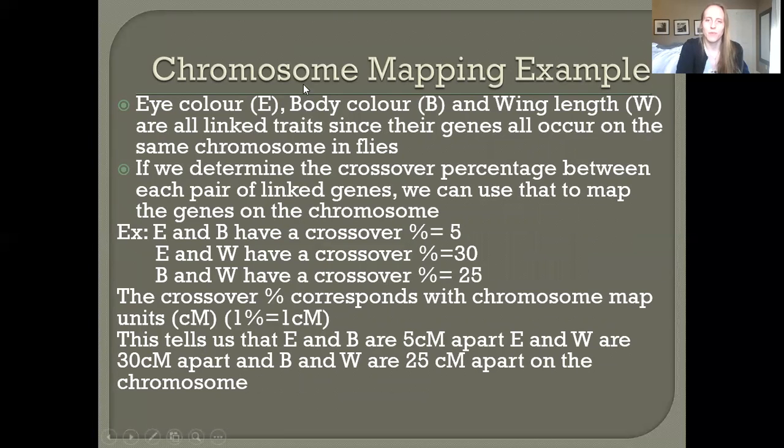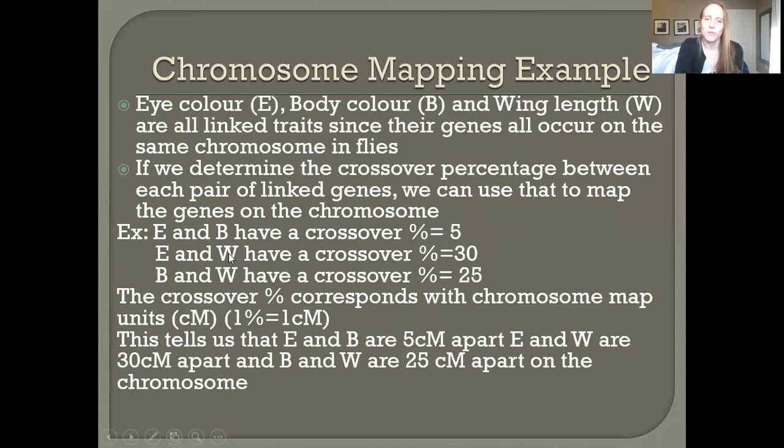So we have 3 different genes in this case, the eye color gene, body color gene, and wing length gene. We represent each of them with, in this case, 1 letter, but sometimes it's 2 letters. And then you have to be given some crossover percentages. So in this case, you're told that the E and B genes have a crossover percentage of 5%, so they're fairly close together.